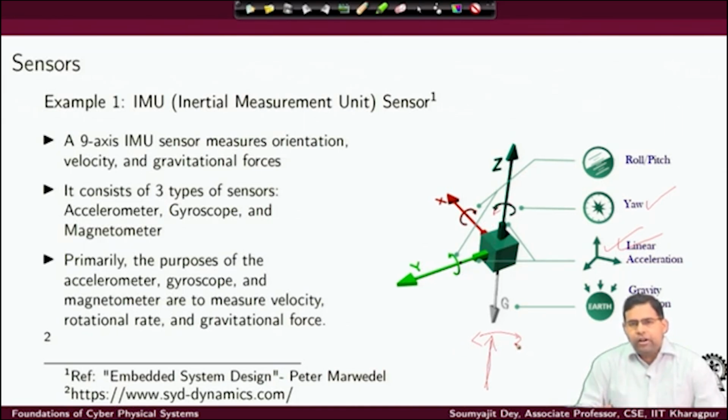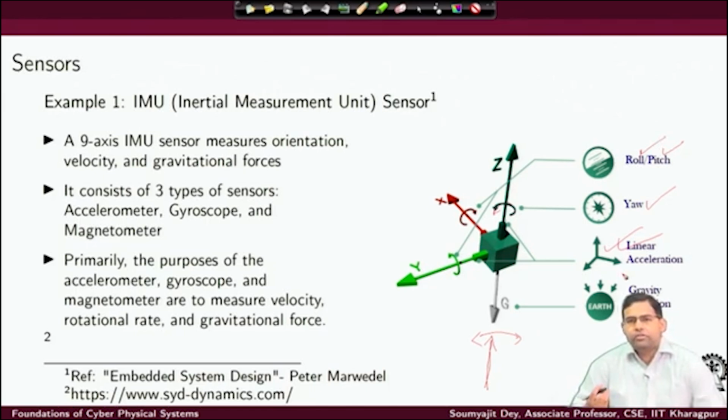As an analogy, think of an aircraft moving. For an aircraft, the pilot typically controls its orientation in terms of yaw, roll and pitch. The linear acceleration is fine, right?